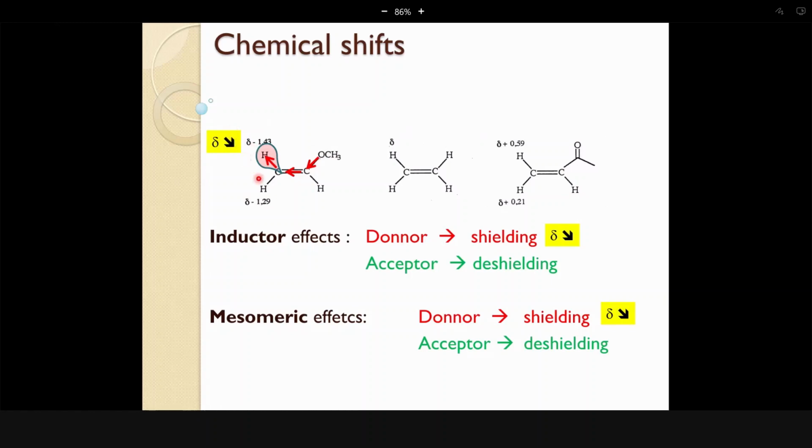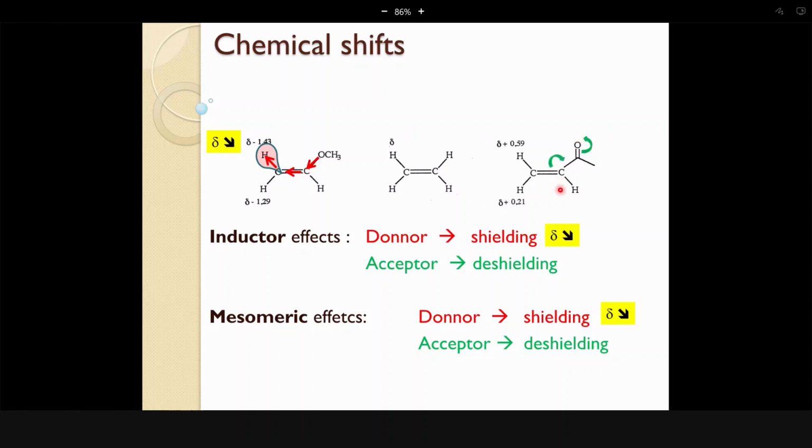And that's why we have a decrease of the chemical shift. On the opposite, when we have an acceptor effect, which could be inductor or mesomeric effect, we will have a de-shielding phenomenon. For example, here on the right side, the ketone, as the oxygen is more electronegative than the carbon, we have this mesomeric effect, which is directly conjugated with the double bond.